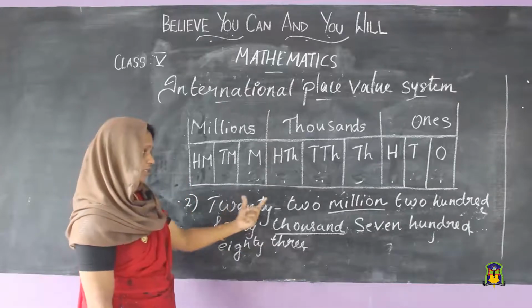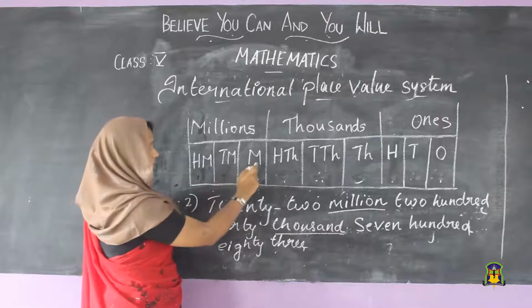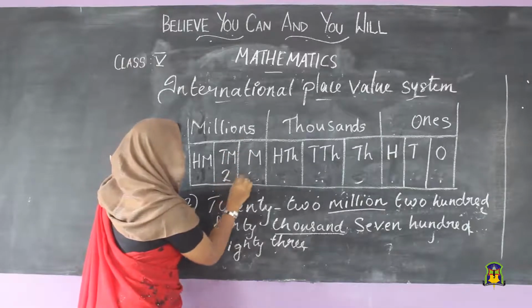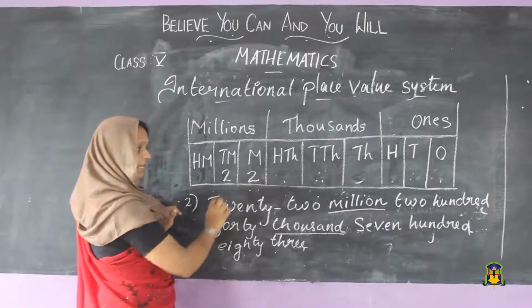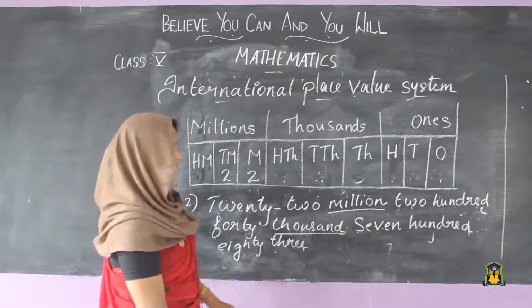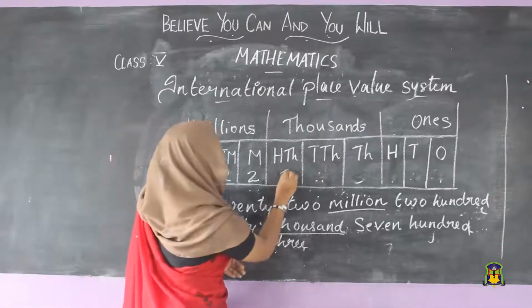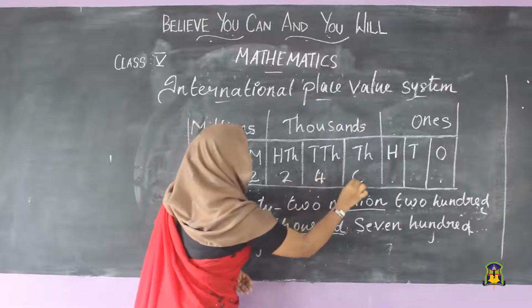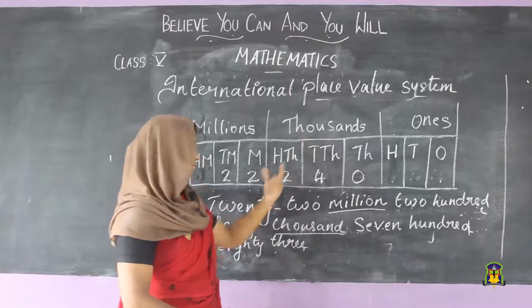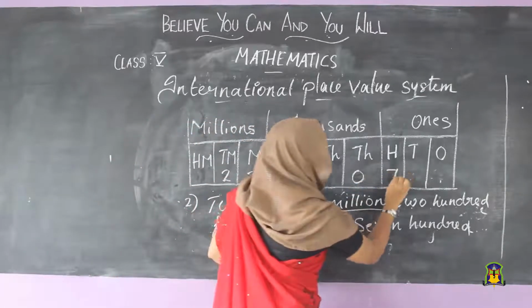So we can write the number. 22 million. 22 comes under which place? 22 million. Then 240,000 comes under the 1000 place. So 240,000. Then 783.